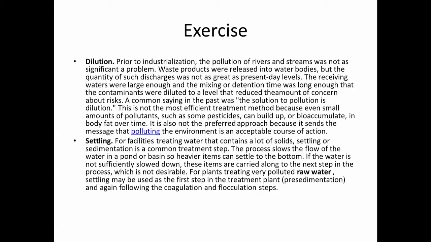Waste products were released into water bodies, but the quantity of such discharges was not as great as present day levels. The receiving waters were large enough and the mixing or detention time was long enough that the contaminants were diluted to a level that reduced the amount of concern about risks.